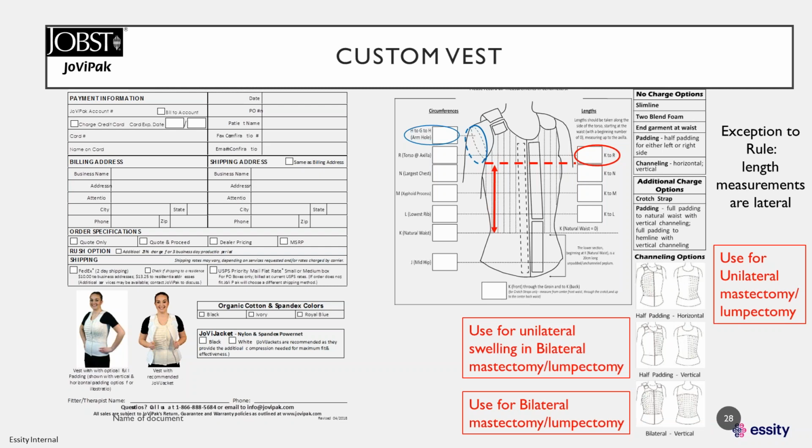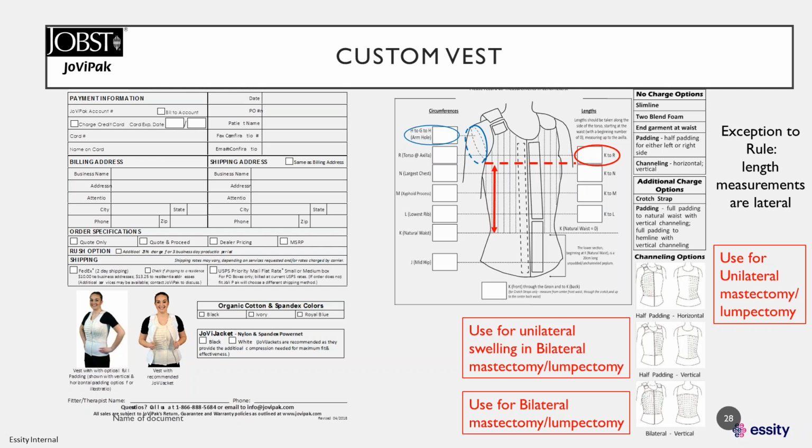And that will be your circumference measurement. Now for your length measurement, another very important one is the K to R measurement. And this measurement is the one from the natural waistline to the base of the armpit or in the armpit. We do not need a full measurement over the top of the shoulder.